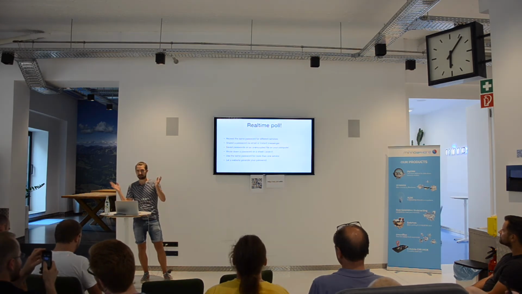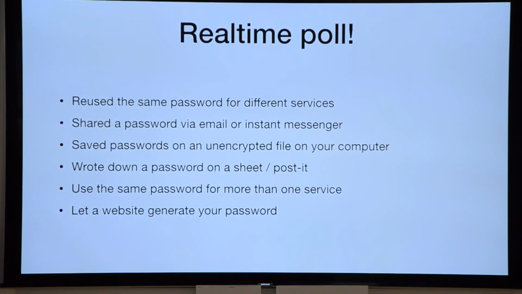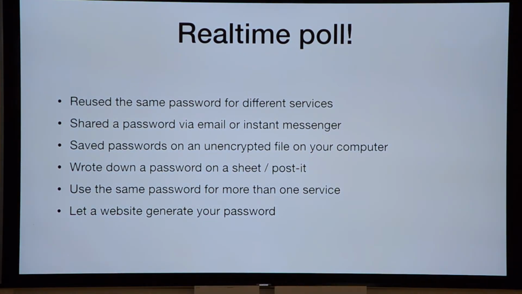So it's about time for the first real-time poll. So make sure you go to the website. And it's not yet live. So I will turn it on just in a second, but is everybody ready? No. Not yet. So the URL is quite short. If you can get this QR code from the distance, then do it that way.